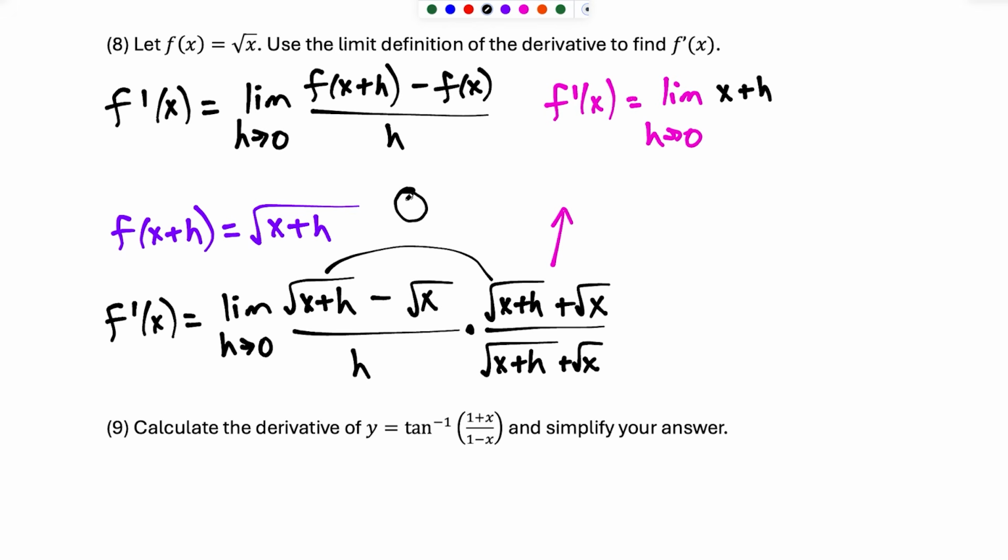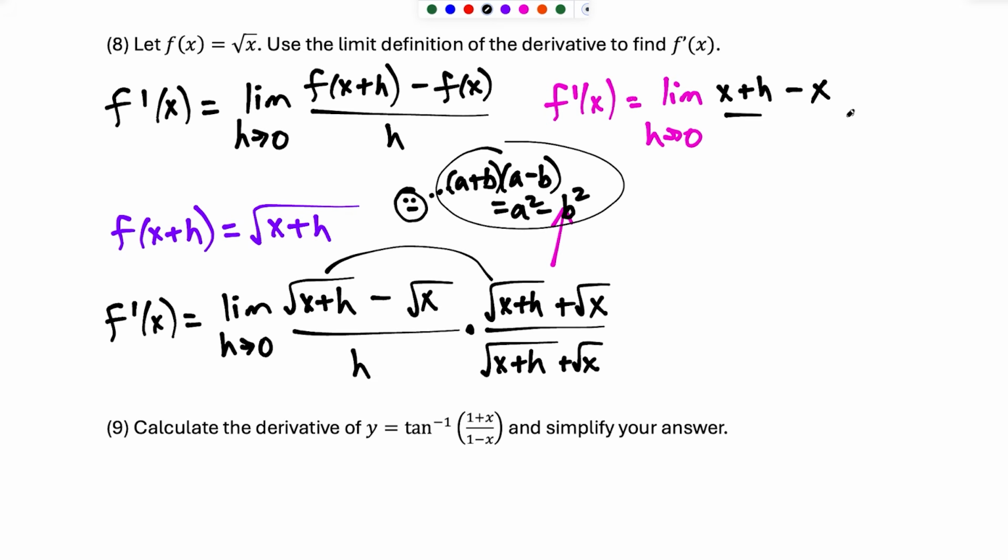Okay, the idea I'm using from here is actually when I multiply a plus b times a minus b, anytime I multiply a binomial and its conjugate, I get the first term squared minus the second term squared. Okay, so I'm doing square root of x plus h times itself is just x plus h. And then the shortcut here is I just do the last term squared is x, and that's what's being subtracted at the end. I get minus x.